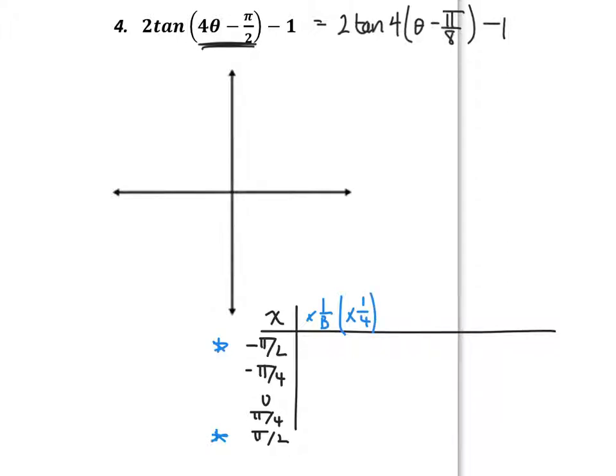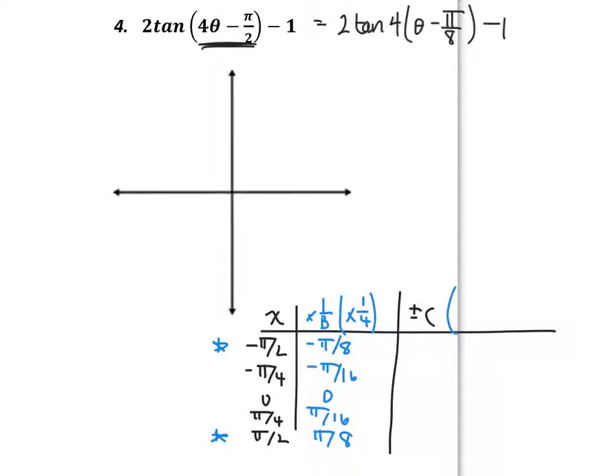We're doing the exact same thing that we did when we did our sine and cosine. So if I multiply negative pi over 2 times 1/4, I get negative pi over 8. Negative pi over 4 times 1/4 is negative pi over 16. 0 times anything is 0. Then I should just get pi over 16 and pi over 8. Next, just like we did with sine and cosine, we added or subtracted our c value.